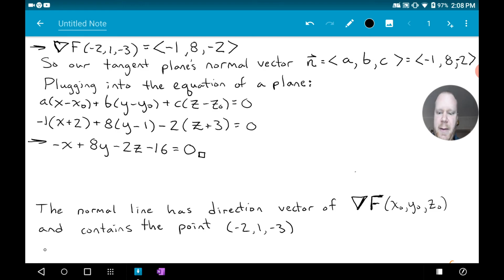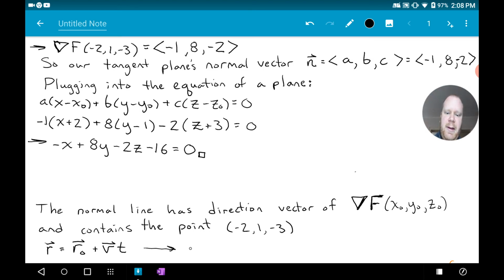So, setting up our vector equation for a line, we have that our line is equal to the vector pointing to this point of tangency, this one right here, and then we'll have our direction vector times t.